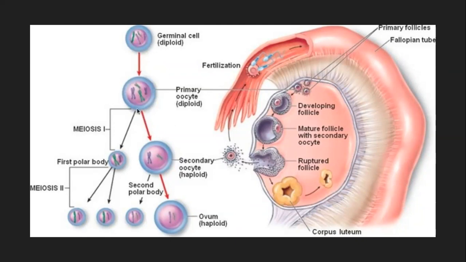As and when puberty is reached, it completes meiosis 1. That is only the first half of meiosis in gamete formation. In it, the primary oocyte forms the first polar body and the secondary oocyte, and these two are haploid cells.